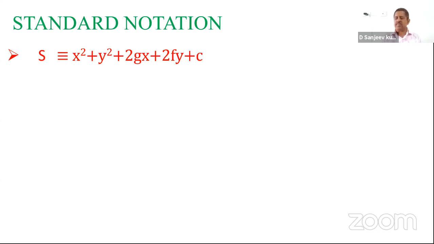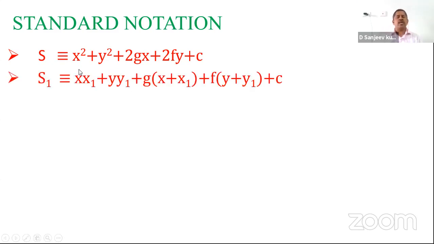Instead of writing it every time, we can represent it by capital S. Now we introduce a symbol S1, S subscript 1. This expression is x x1 plus y y1 plus g into (x plus x1) plus f into (y plus y1) plus c. Instead of writing the entire expression every time, we can simply call it S1.